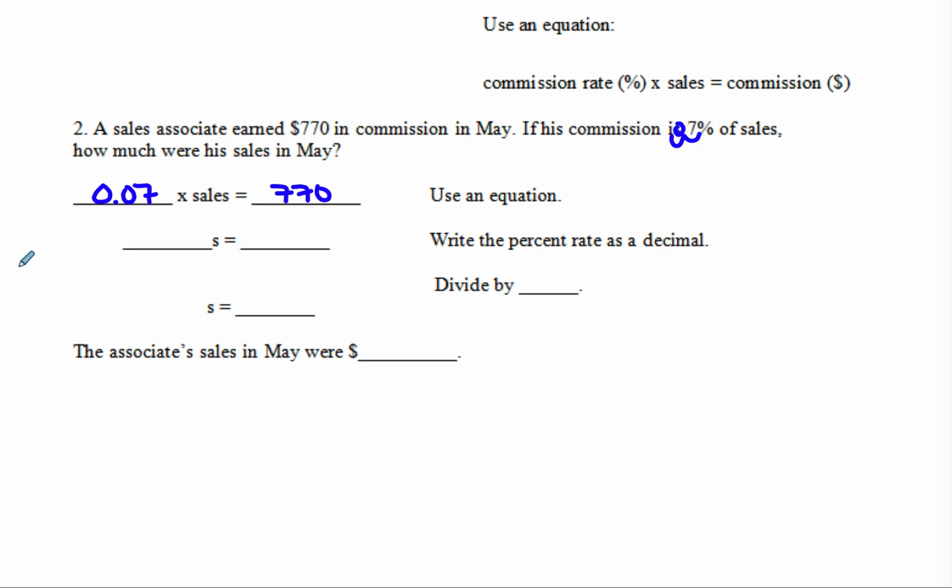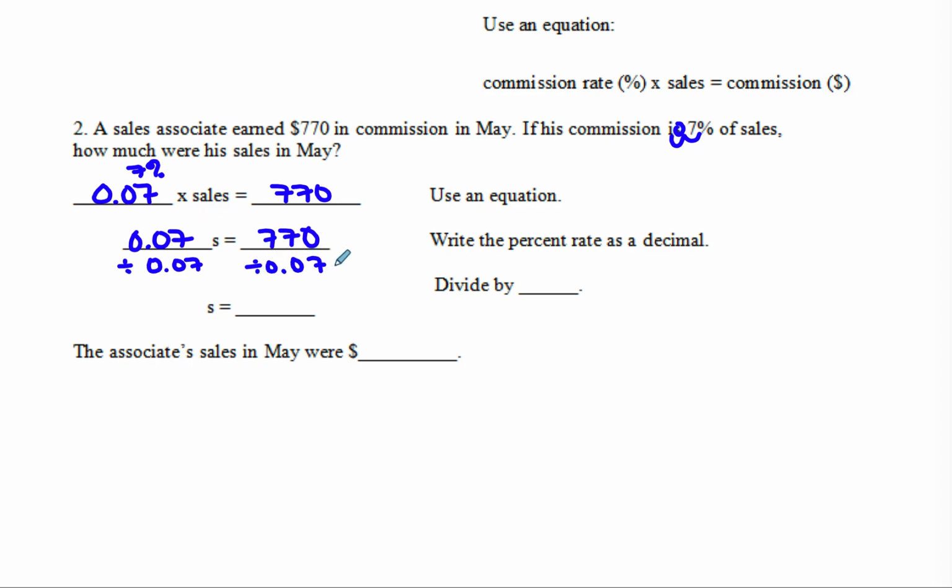Okay, let's go ahead and check our answers. So first step is to write the percent rate as a decimal. I actually wrote it here. I guess the blanks were set up to do the percent first. 0.07 times S equals 770. We're going to divide both sides by the number in front of the variable.